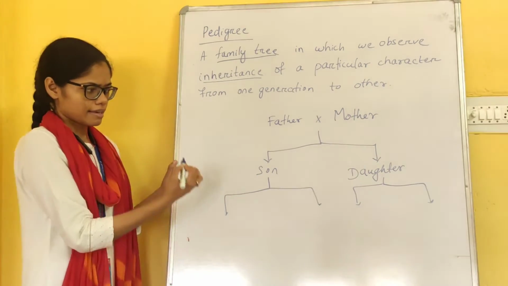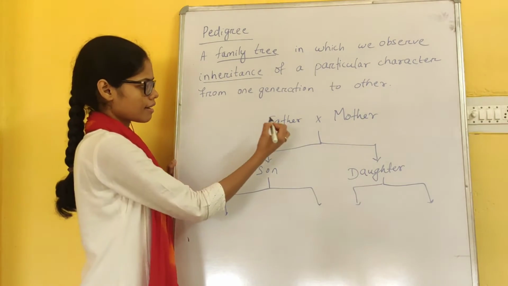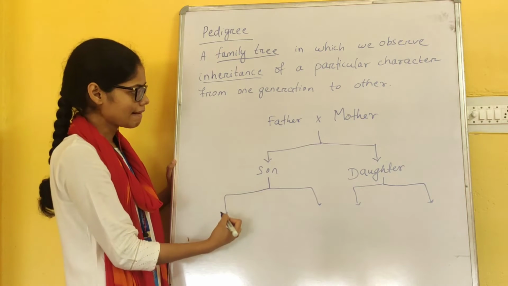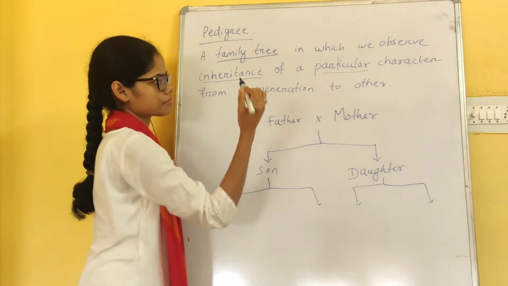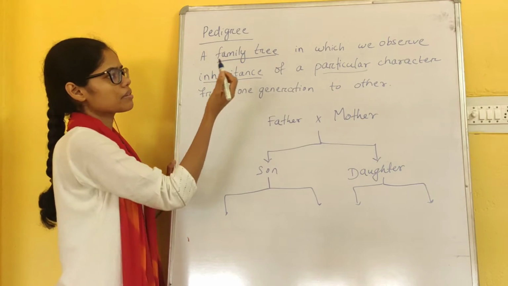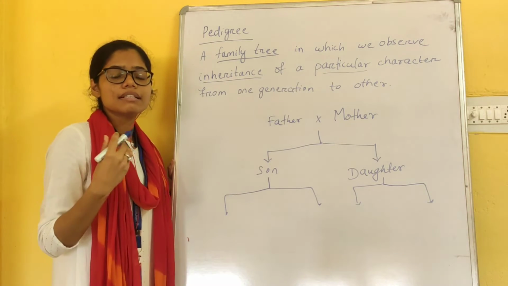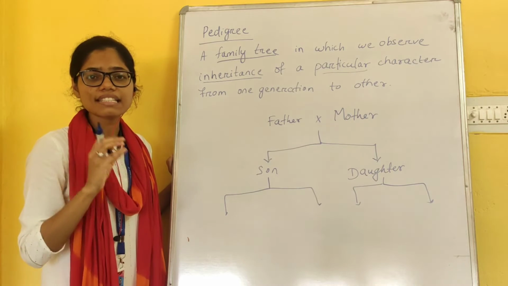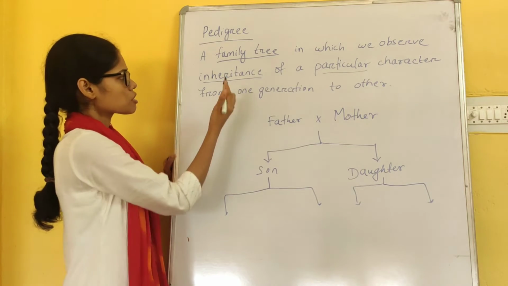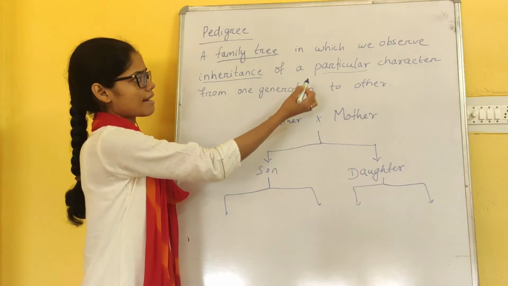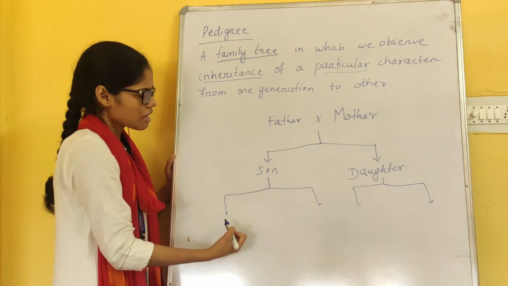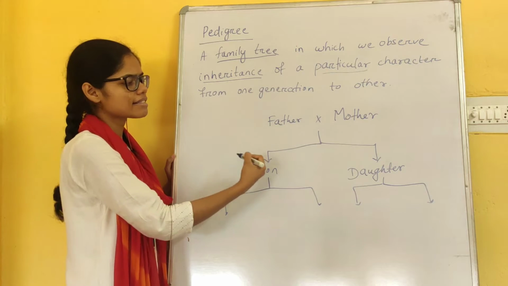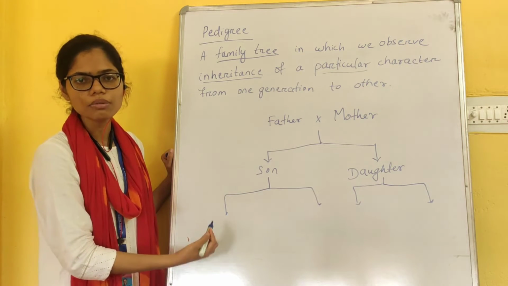So, here we are studying a family tree and the inheritance of a particular character. Here the particular character is usually the genetic disorders or the diseased character. So inheritance of diseased character we study by making the family tree and see how the character is inherited from one generation to other.